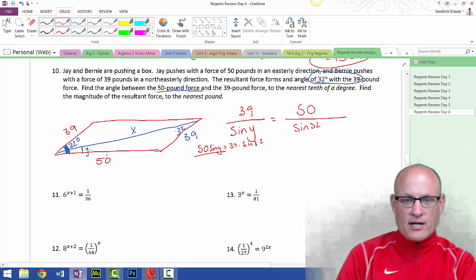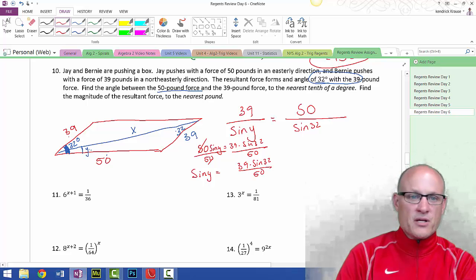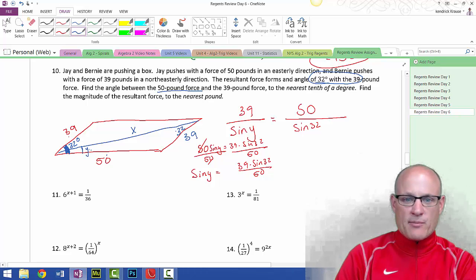And then we're going to divide by 50. So this becomes a tough question. So I've got sine of y is equal to 39 times sine 32 over 50. But I need to get this y by itself. So I got to move this sine over here. And when I do that, it becomes sine negative 1 of this mess.